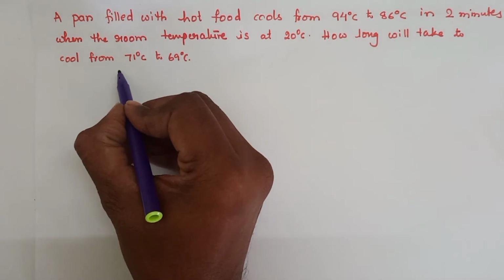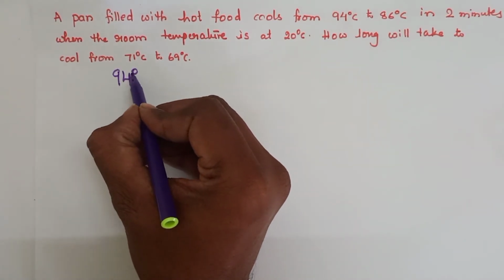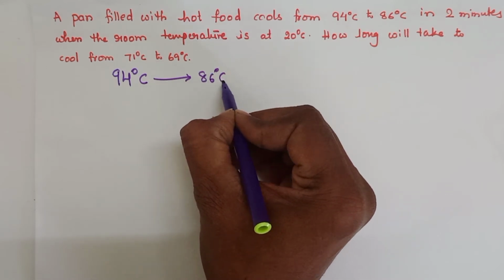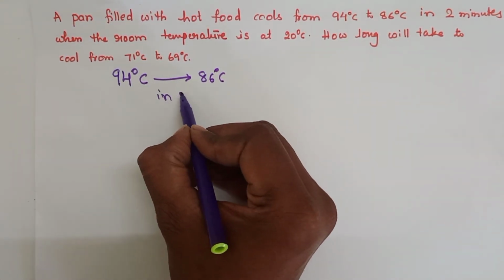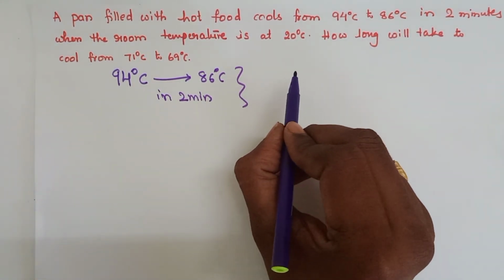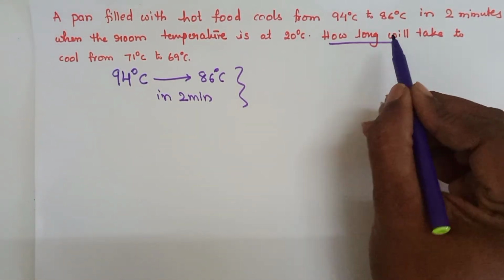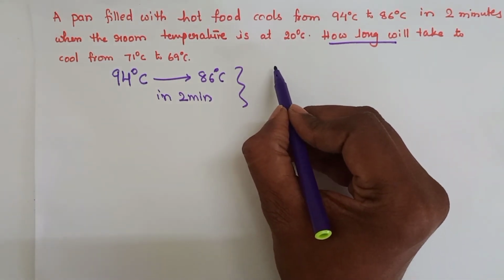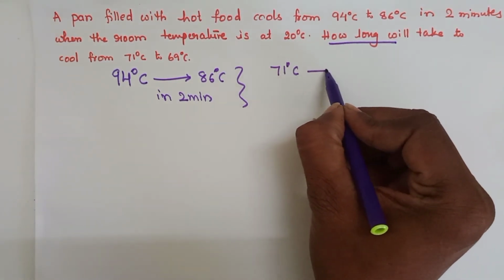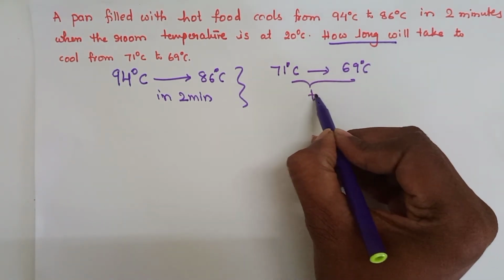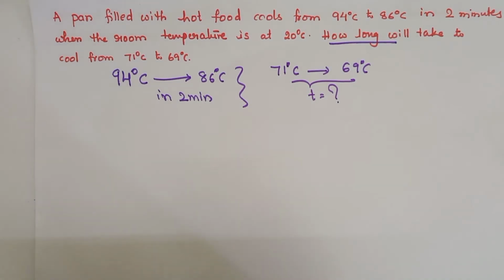So it is allowed to change the temperature from 94 to 86 degrees centigrade in 2 minutes. Now, how long means they are asking for time: 71 degrees centigrade to 69 degrees centigrade, what is the time asked?